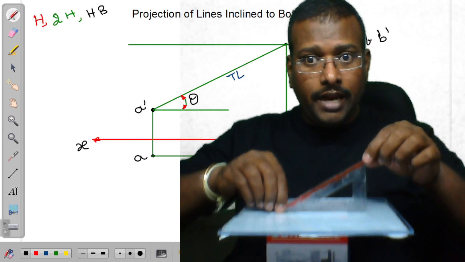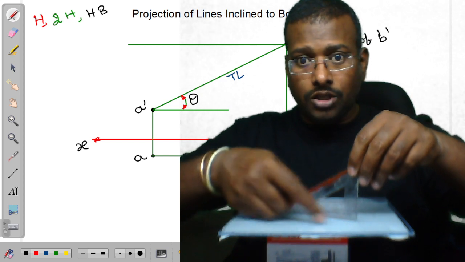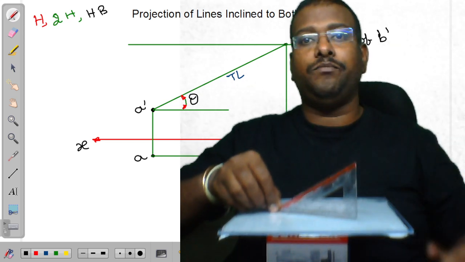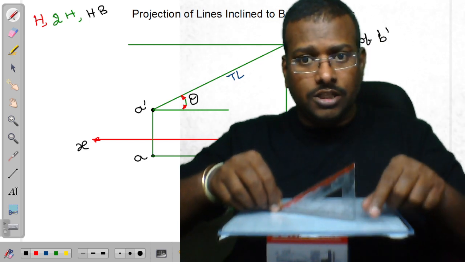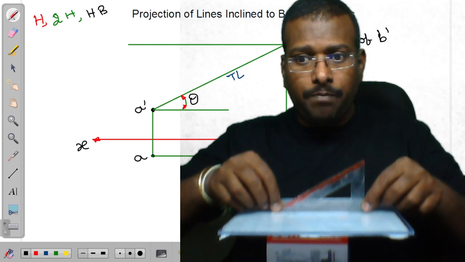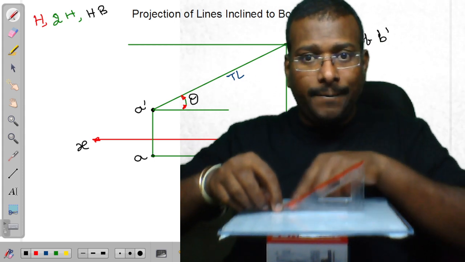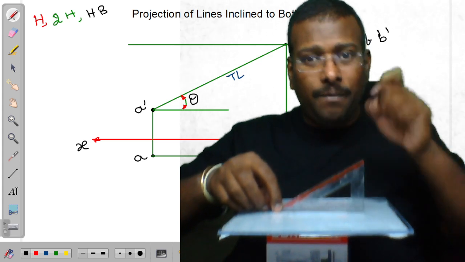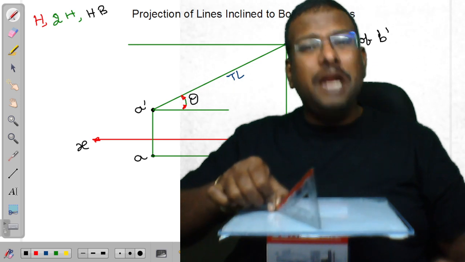Now it is inclined to VP. It is tilted. This shadow comes and falls here. A shadow is here. What about this line, sir? This line length is not changing. It may be inclined to the XY line in the top view, but the length is not changing. Previously, whenever it is parallel to VP, whatever length we get here, the same length will be continuous even though it makes any angle with VP.